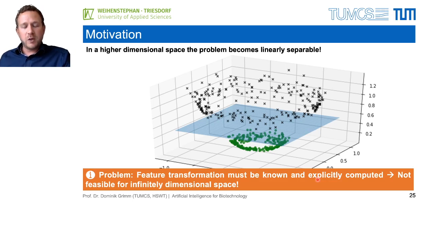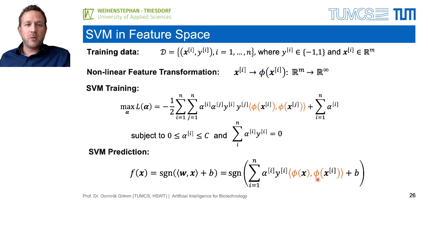But let's first look at our problem again from before. When we have our support vector machine and we are given our data, then we also can apply some transformations onto our features to map the m-dimensional feature space into an infinitely dimensional space. We can map it into some other space.